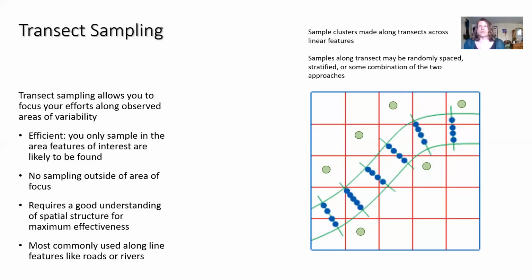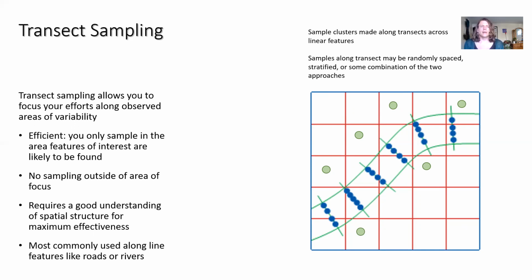Another option is transect sampling. So this allows you to focus your efforts only on a specific area of interest. It's a really efficient way to sample just the key feature that you're looking at. You don't sample outside of the focus area, but one drawback is that it requires really good pre-existing understanding of the spatial structure of the object or whatever you're studying for maximum effectiveness.